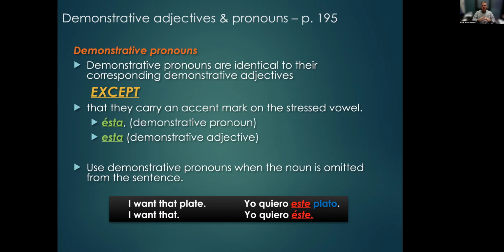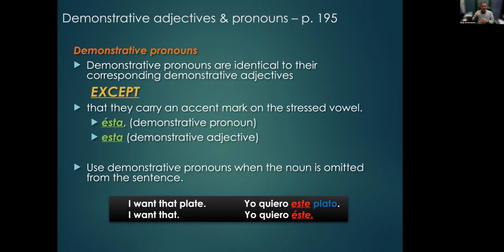Okay, so mind blown. So we have está with the accent on the E, and that now is a demonstrative pronoun. That word can stand alone. Esta, without the accent on the E, is a demonstrative adjective. It has to be used with the noun to modify it.